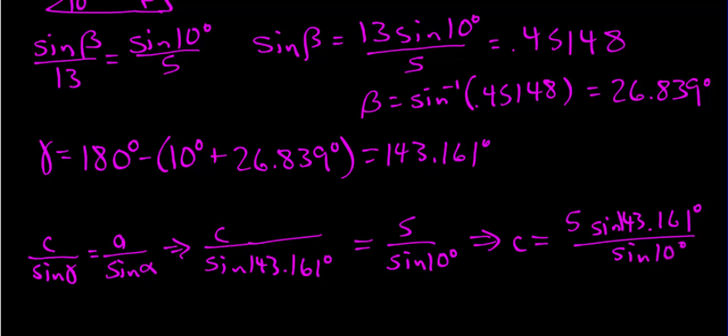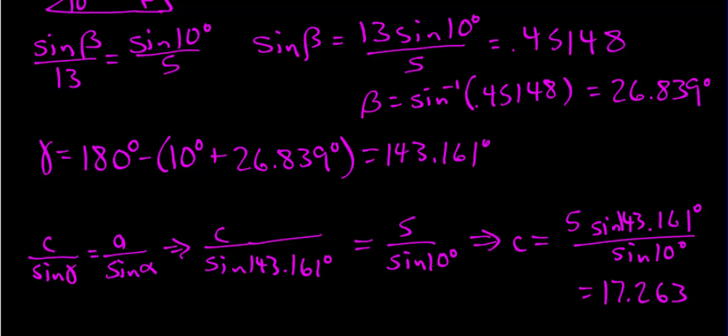If you calculate that out, 5 times sine 143.161, don't forget to close your parentheses around that trig function, divide it by sine of 10, you get 17.263 approximately. Now we've got alpha, beta, gamma, and we've got A, B, C.